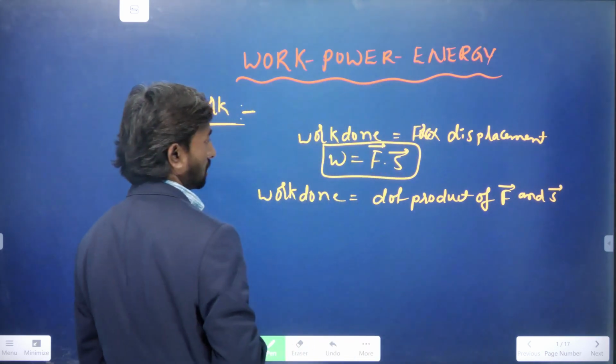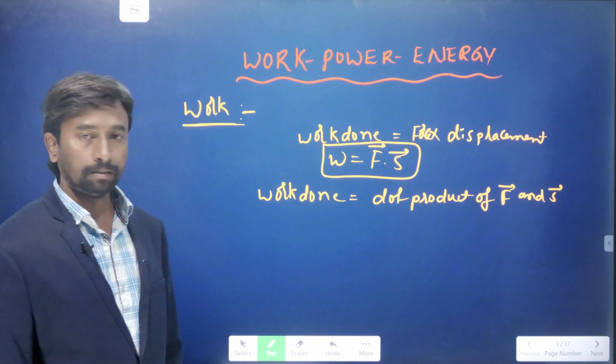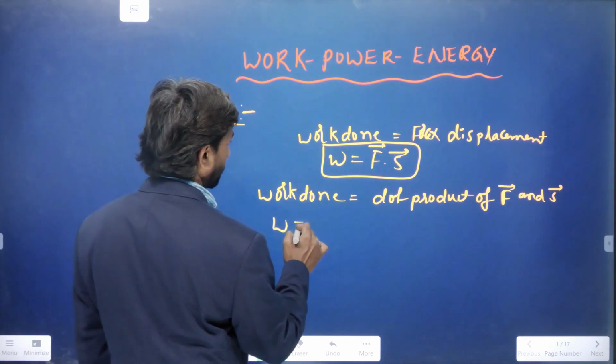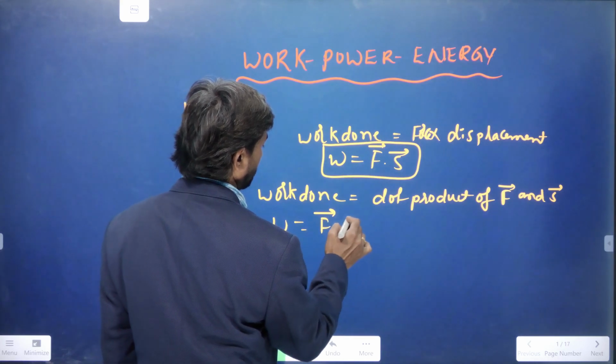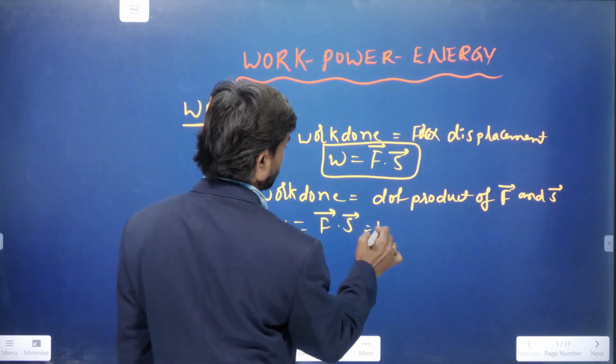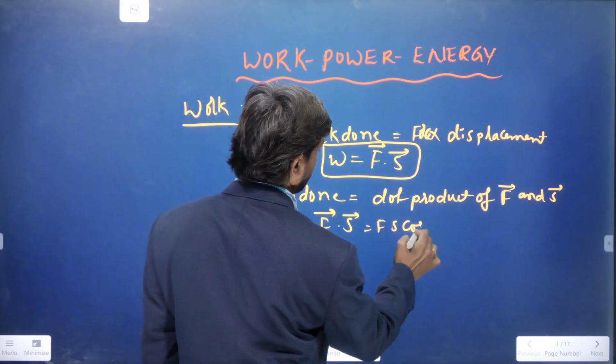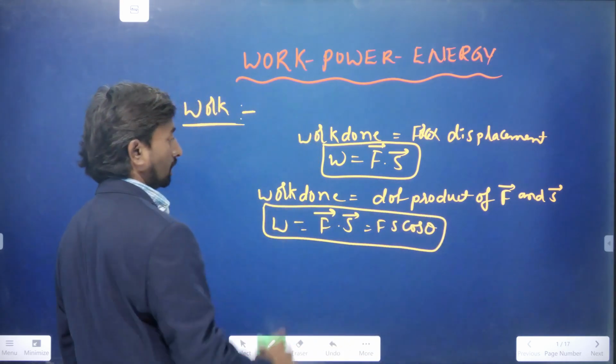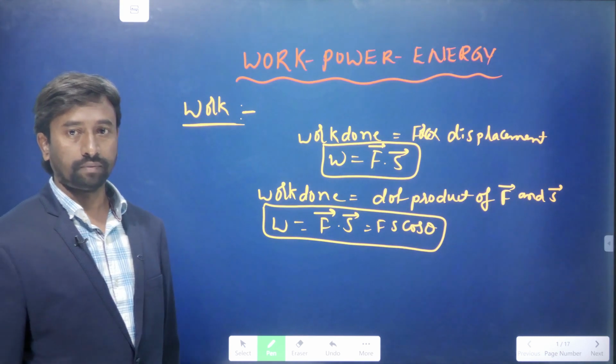If it is a dot product, then W is equal to F bar dot S bar, which equals F S into cos theta. This is the definition of work done.